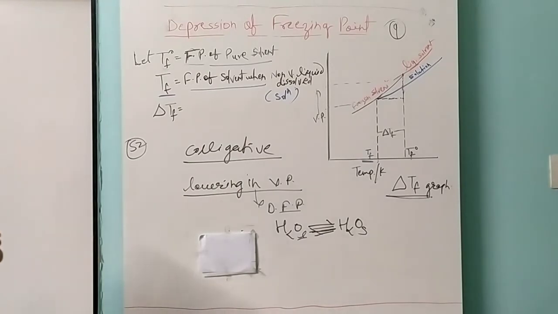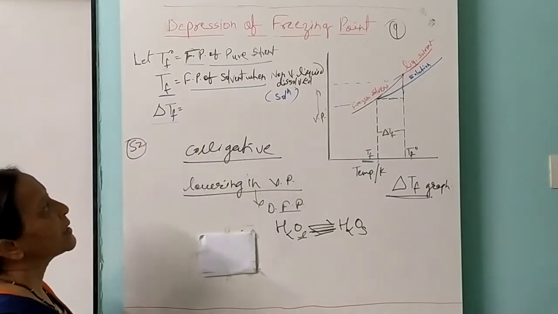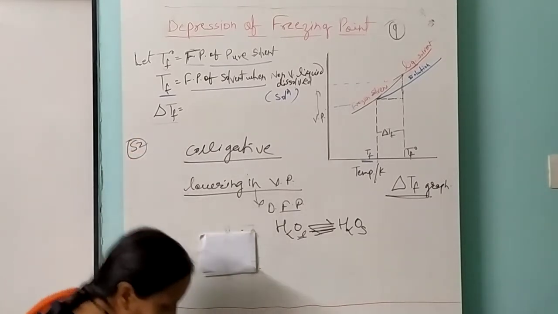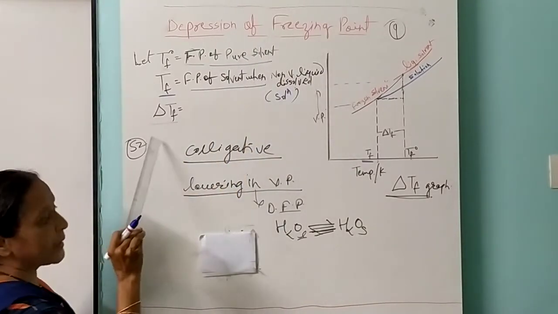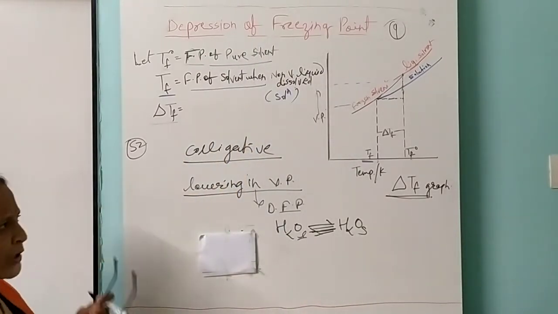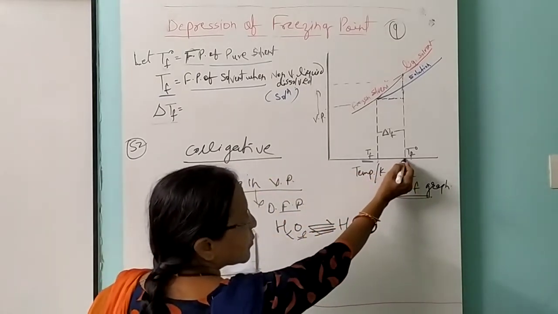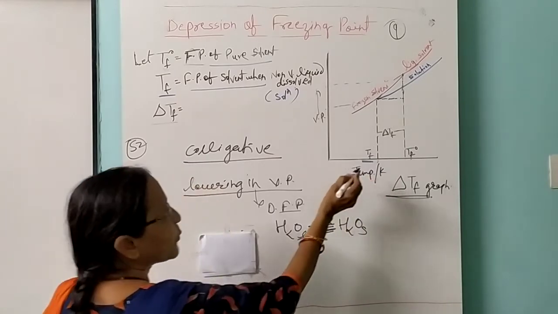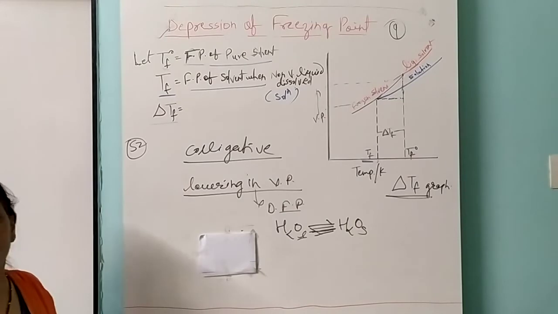Now what is the change, delta TF? This delta TF is our depression in freezing point. The freezing point of pure solvent is more compared to that of the solution, therefore we use the word depression, meaning a decrease in freezing point.